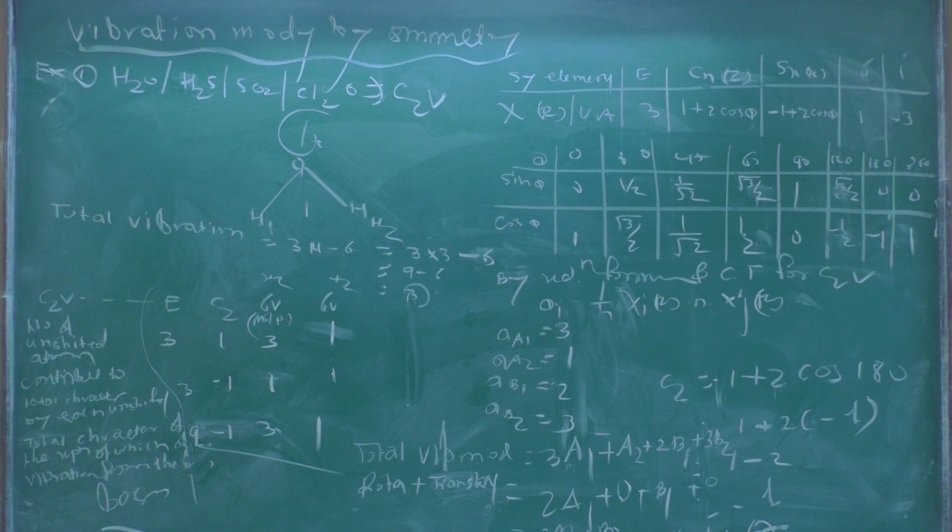So the total number of vibrations is 3N minus 6. It is a polyatomic molecule. N is again 4, 3 multiplied by 4 is 12, minus 6. So 6 modes are there. So in the next lecture I can take this particular example.